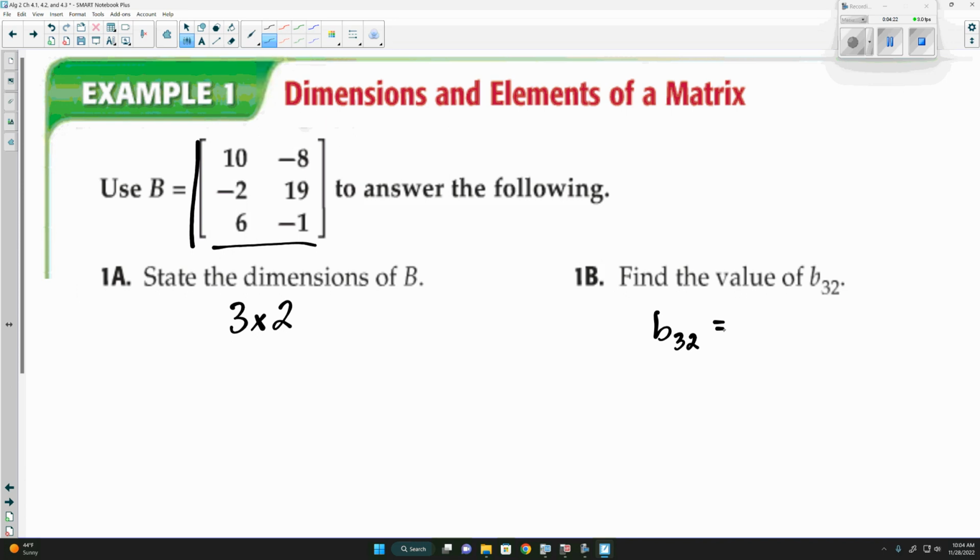Now we want to find element b32. We would go down 3, over 2, and get -1. Any questions on any of this here so far? We good with this here? Let's look at the next one.